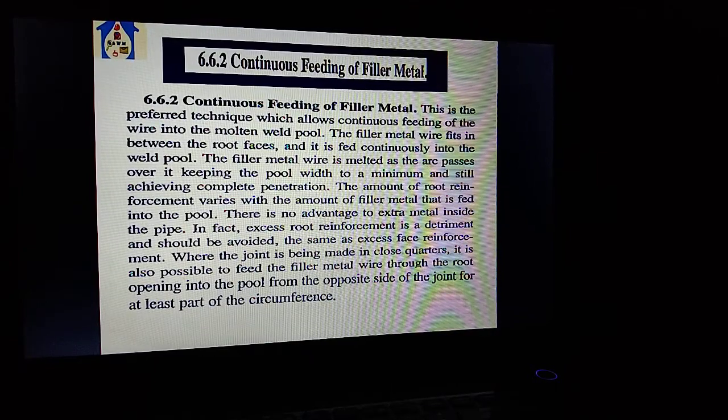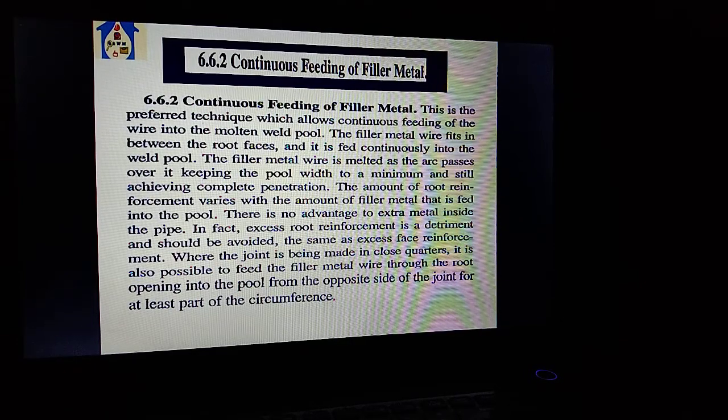Contamination of filler metal. The preferred technique is continuous feeding of the wire into the molten weld pool.